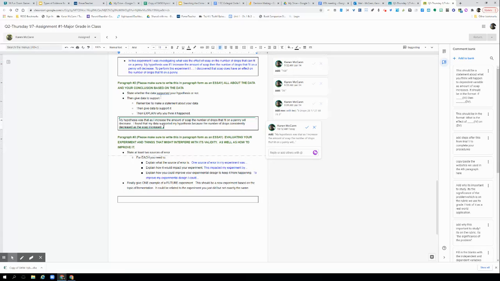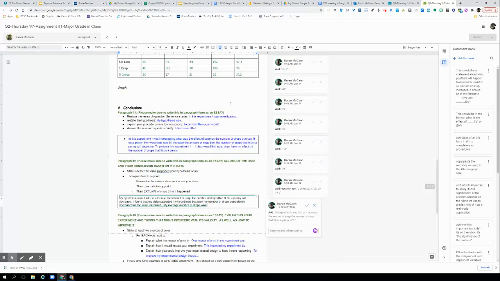So let's see, I found that my data supported my hypothesis because the number of drops consistently decreased as the soap increased. My average, I'd always start with your average results first before you talk about your trial. So I'm going to talk about my averages first. My average number of drops was, oh, now I got to go up and look.